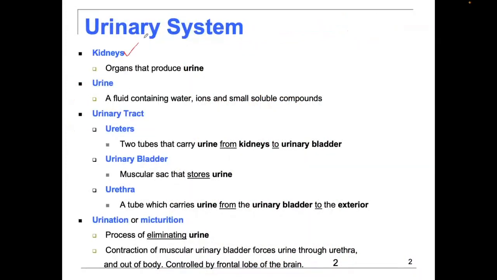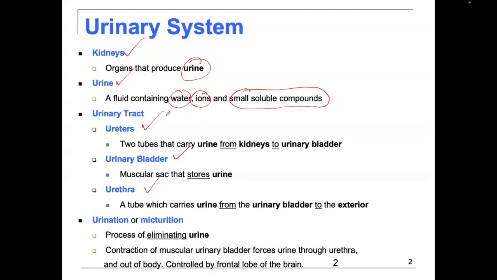So these are the terms again: kidneys, ureters, urinary bladder, urethra. The kidneys are the organ that will produce urine. Now the question is, what is urine? Well, urine is a fluid that contains water, ions, and small soluble compounds.